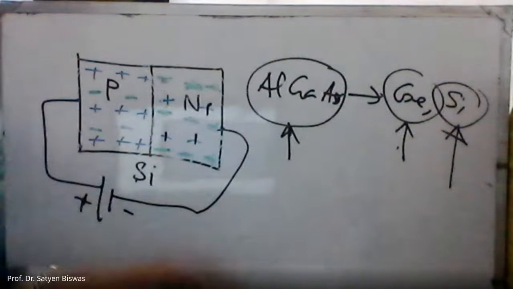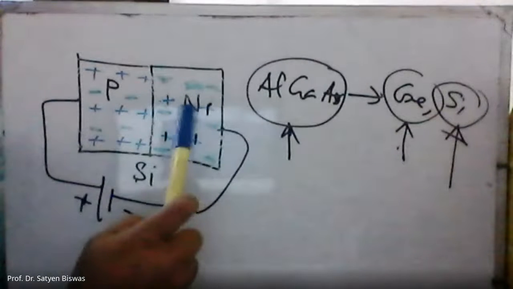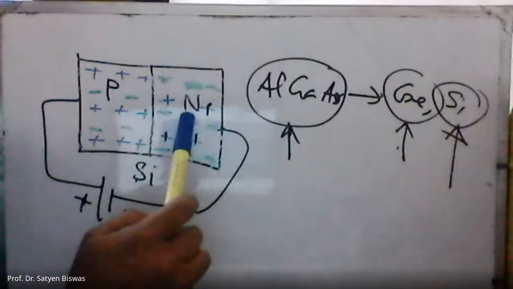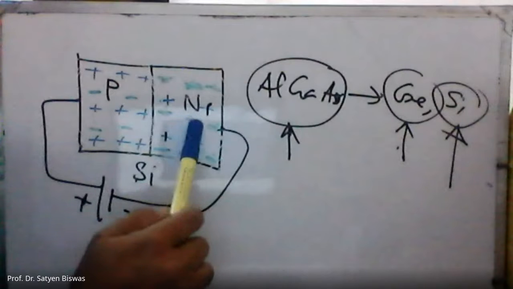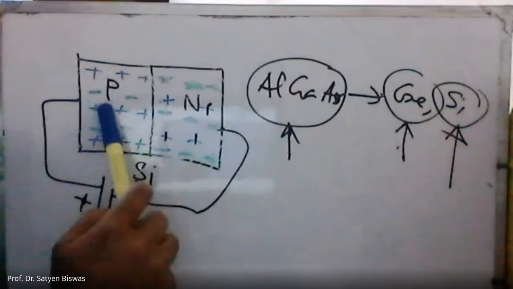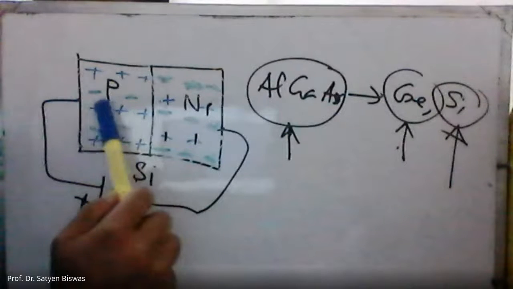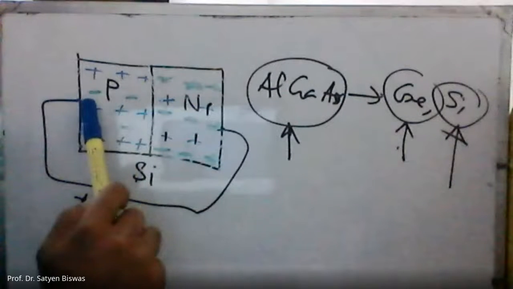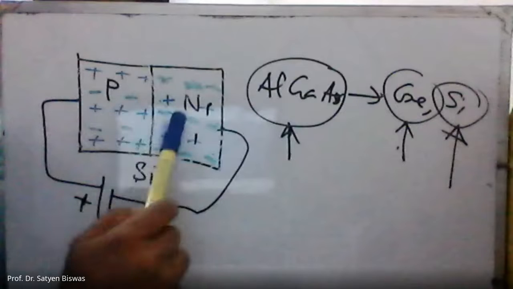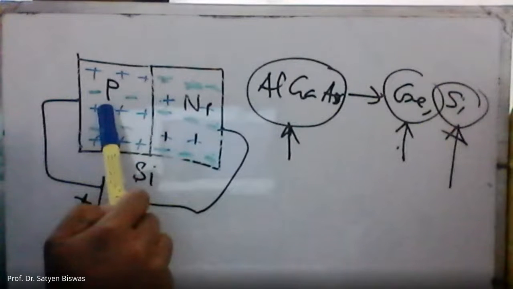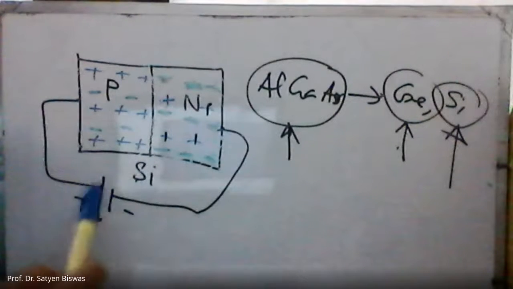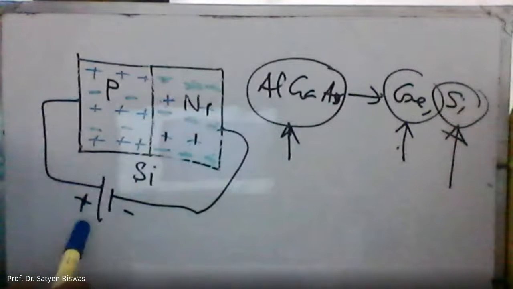So that means on the N side there are more free electrons, and on the P side there are more free holes. Those are free, so they are ready to move from one side to the other if we apply some electromotive force. Where does the electromotive force come from? From the voltage.